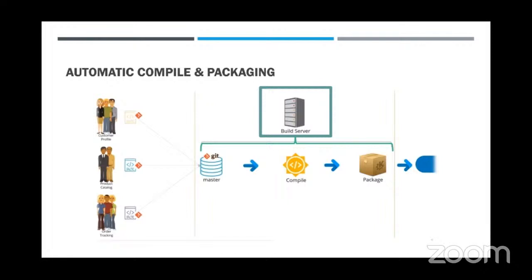This is done on a server called the build server. Jenkins is one of the tools which provides this build server, which automatically sees that a check-in has happened, and the check-in triggers the compilation and the packaging steps. So that part is automated.